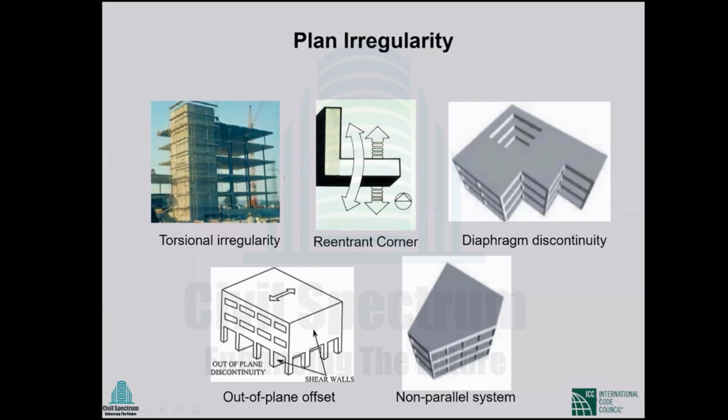So what will happen during an earthquake, that this stiff core will be pinned at this place, and the columns at the floor will be twisted, will be rotated, making this stiff core the center of rotation. So there will be twisting on the columns of the building.